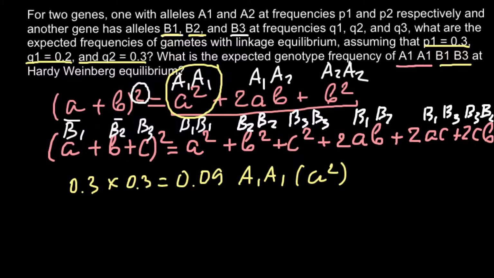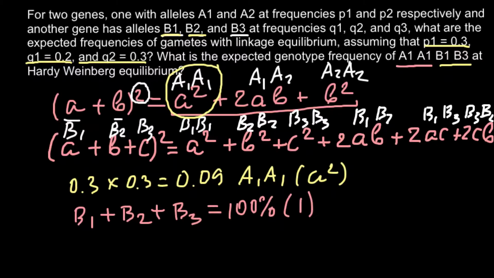So if we know the frequency of the two alleles, it's very easy to find the frequency of the third allele, because this is going to be as follows: B1 plus B2 plus B3 would equal to 100%. Or we also can say 1, because here all the numbers are given on the scale between 0 and 1.